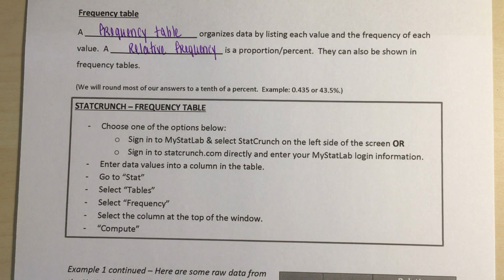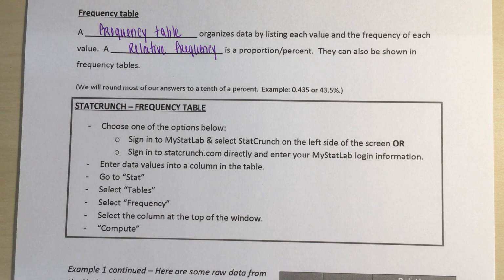To start with, when we're using Statcrunch, we can sign into MyStatLab and then select Statcrunch along the menu on the left side, or we can go directly to statcrunch.com and enter your MyStatLab login information. When we do that, we're going to see something that looks like an Excel spreadsheet, organized with rows and columns of data.